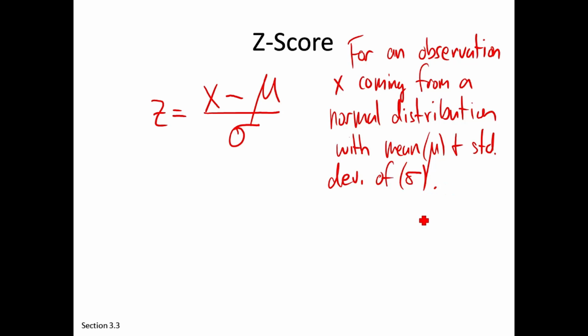To calculate an observation's z-score, first you subtract the mean, then you divide by the standard deviation. Sometimes this is also called a standard score because you're standardizing that difference.